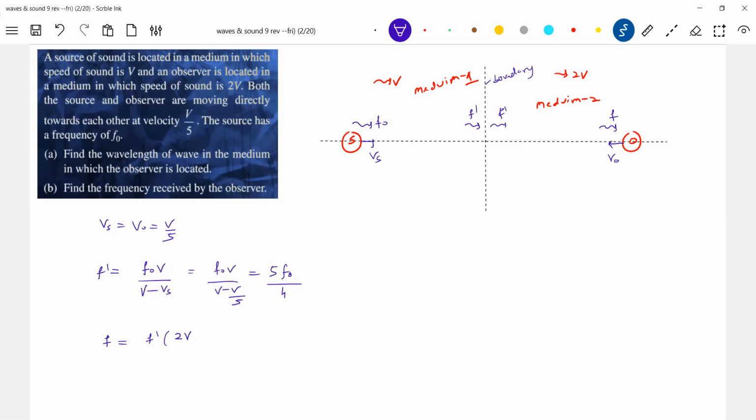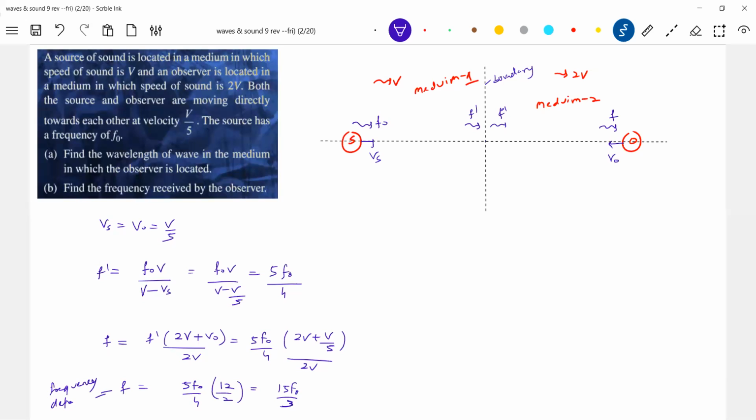What is the speed of sound here? 2v, and the observer is approaching it at v naught, so v naught by 2v. f dash is 5 f naught by 4 times 12 by 2... Okay, this is the frequency received by the detector.